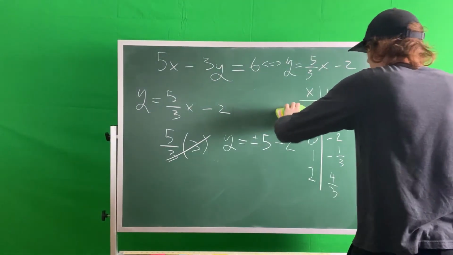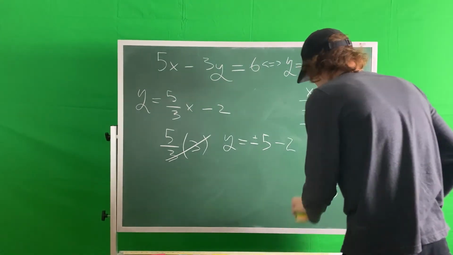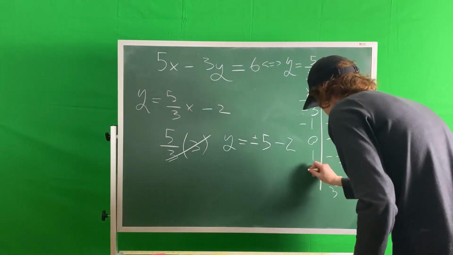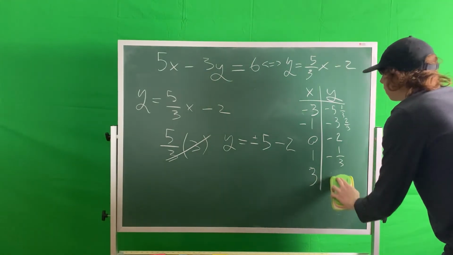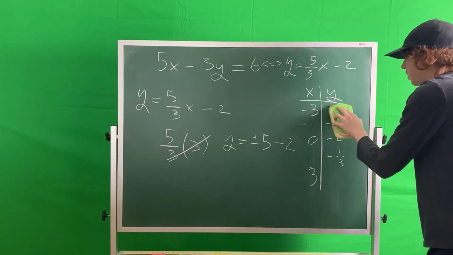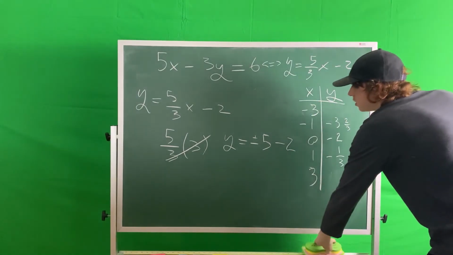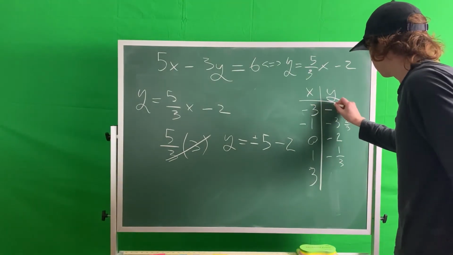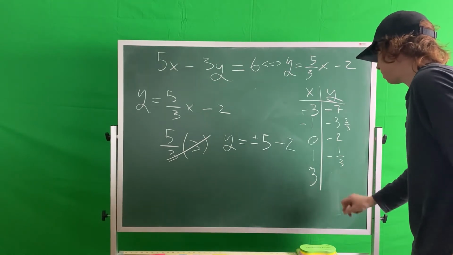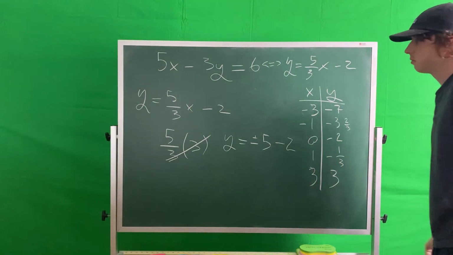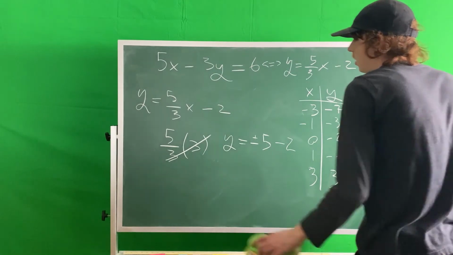So we're going to use -3 and +3. These are a little weird, if I might say. So this would be -7, and this would be a +3. All right.